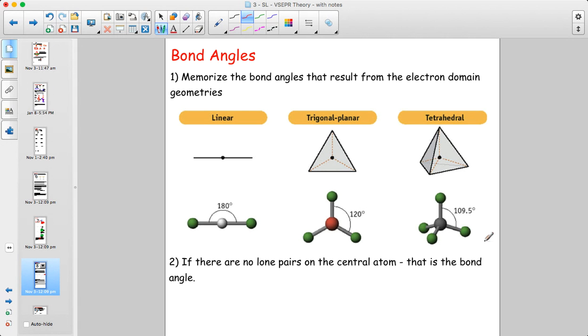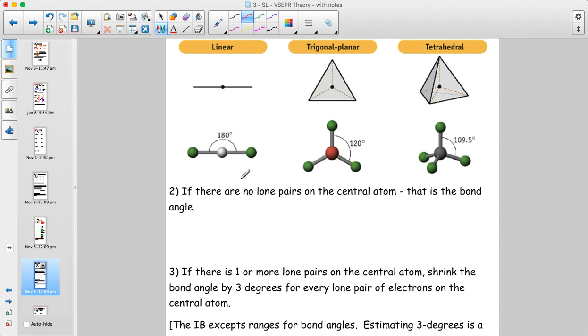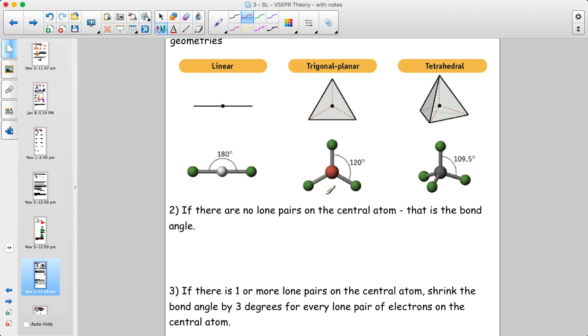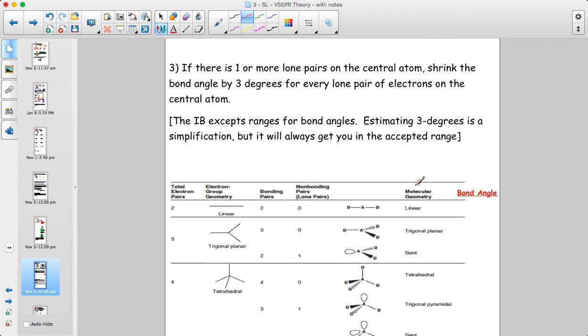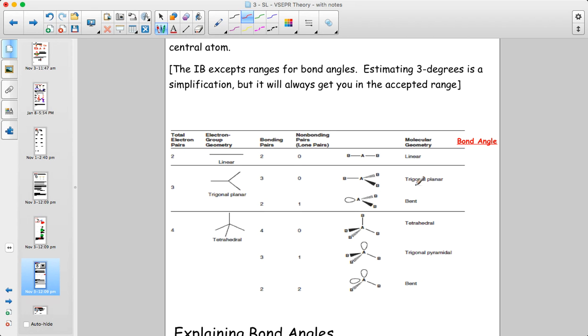So these are the 3 bond angles to try to remember: 180, 120, and 109.5 for the 2, 3, and 4 electron domains. If there's no lone pairs, then those are just the bond angles for the bonds around the central atoms. But if there is one or more lone pair, then just shrink the angles down by about 3 degrees, and you should always be in the correct IB accepted range.